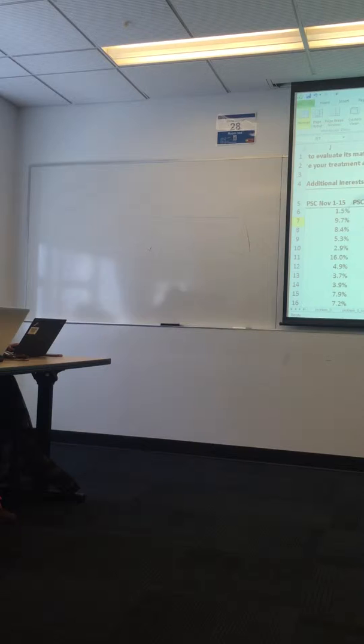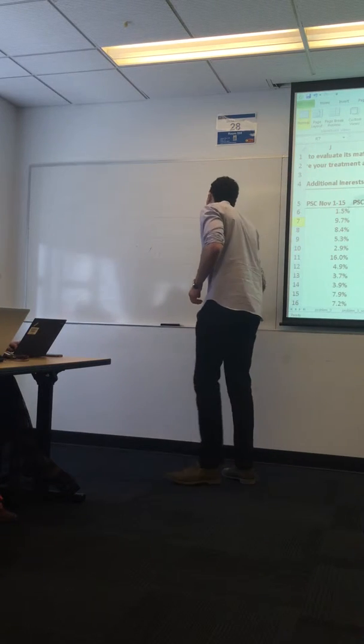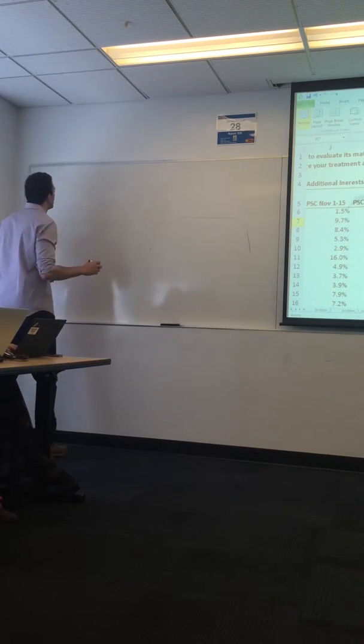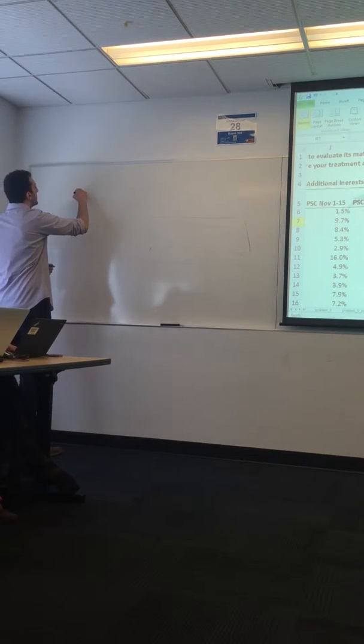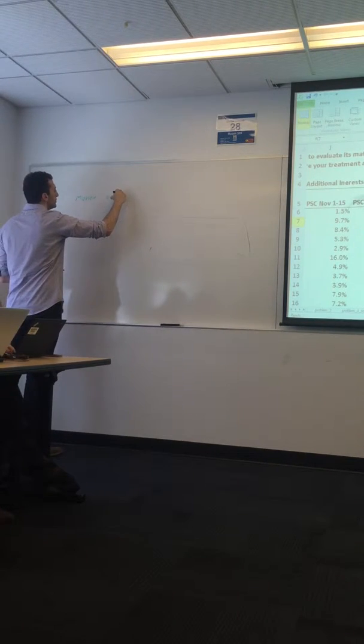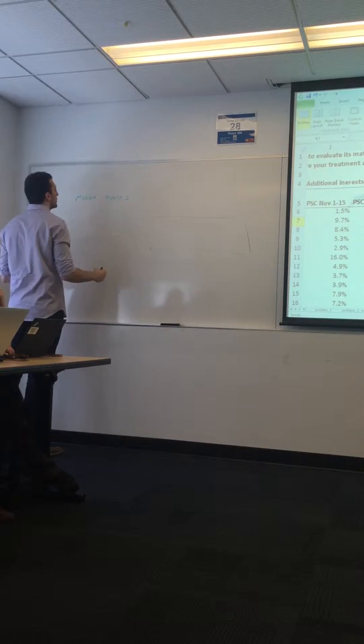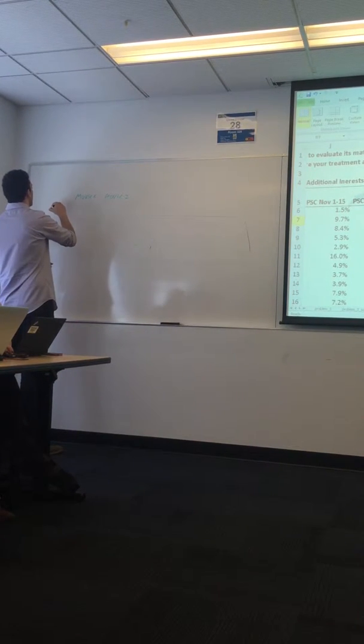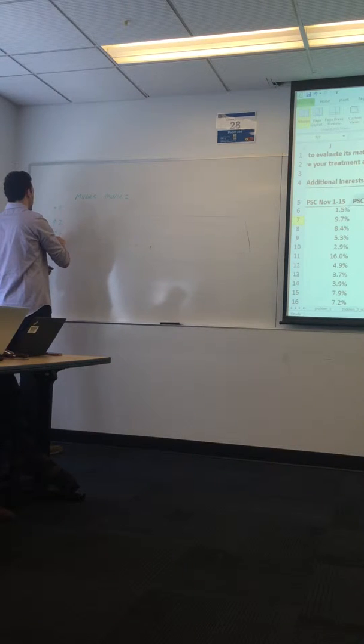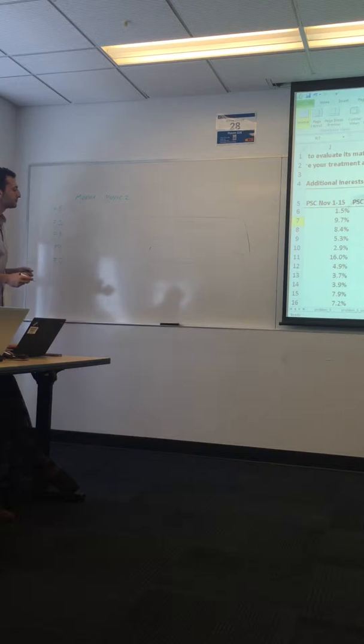Now, let's give a specific example. So let's say that I have movie 1, I have movie 2, and I have some people, person 1, person 2, person 3, person 4, person 5.